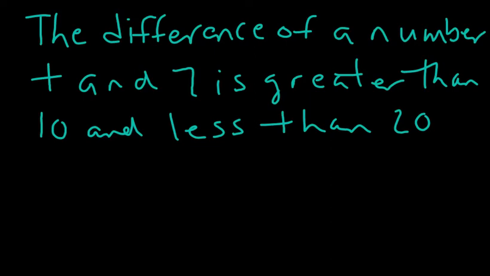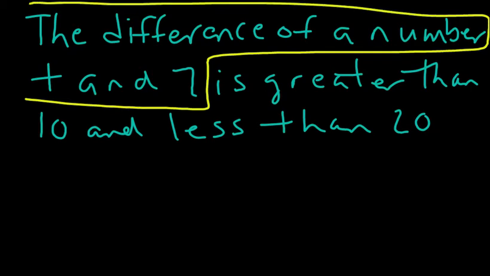So I'm actually going to have 3 parts plus the signs. So let's see if we can divide it up. Okay, the difference of a number t and 7, that's 1 part. Is greater than 10 is another part.